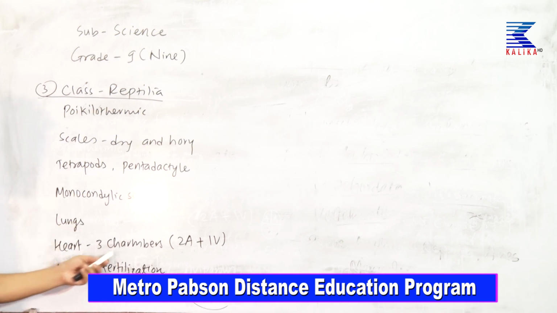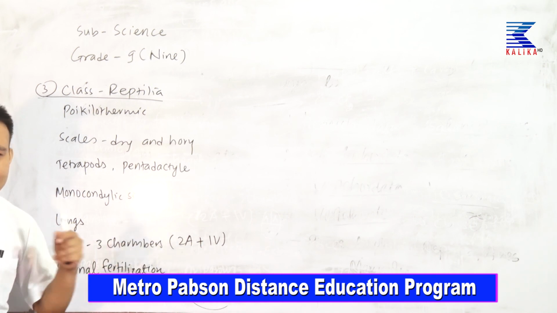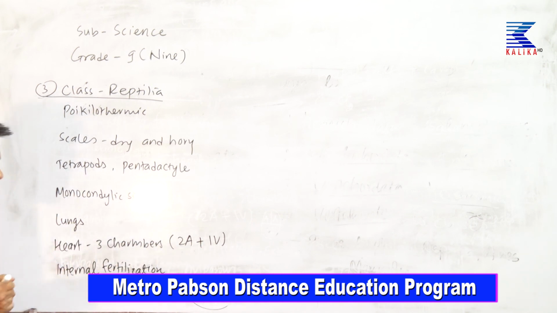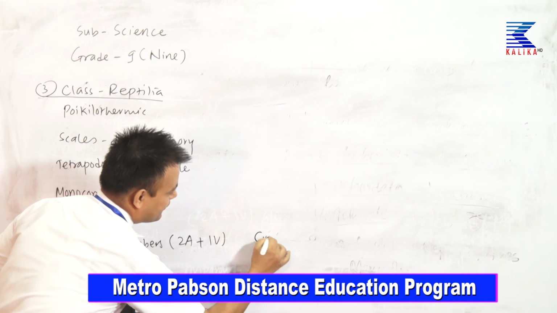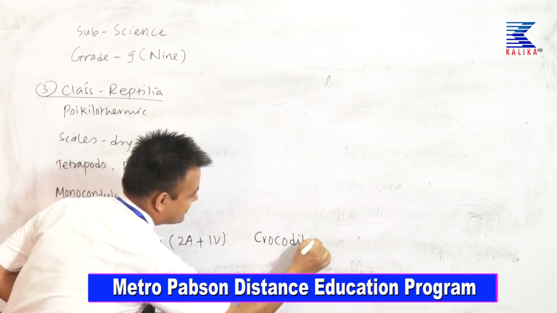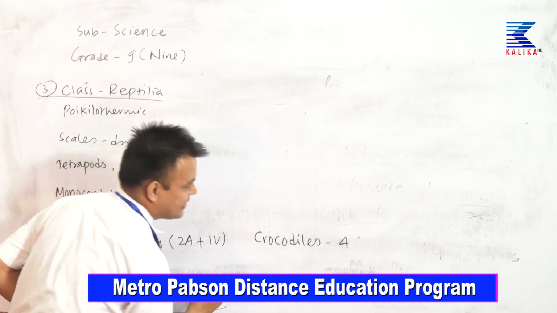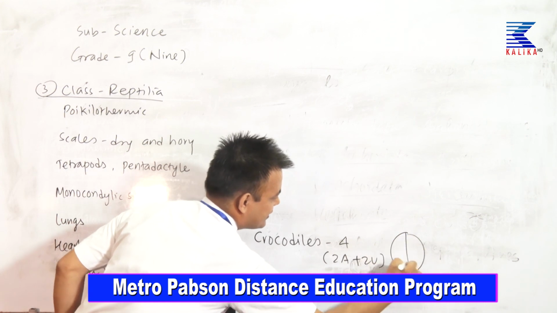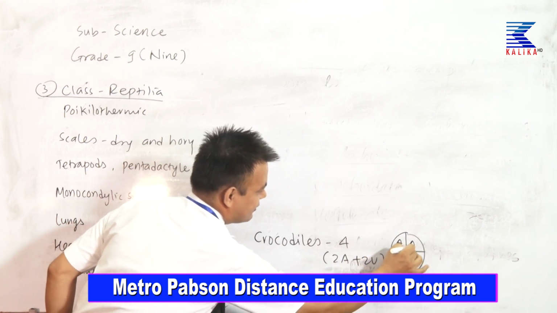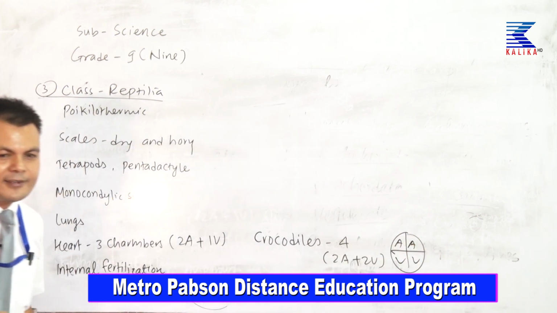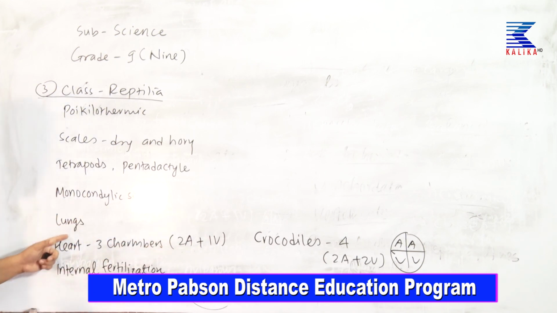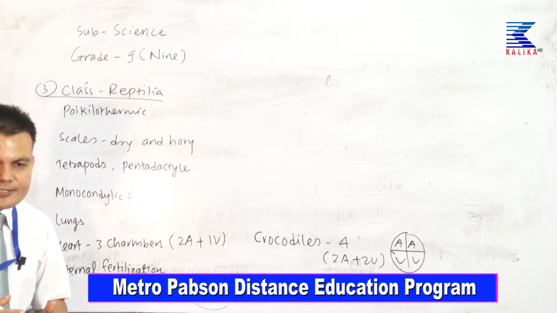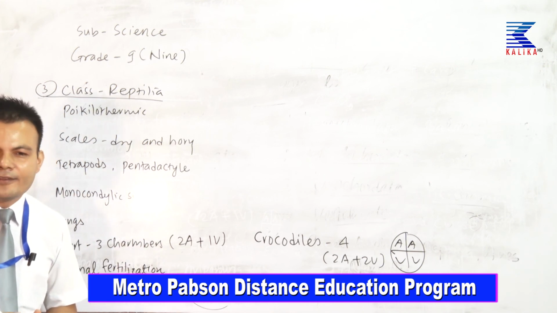The heart is 3-chambered, 2 auricles and 1 ventricle. But remember, exceptionally, crocodiles have got 4 chambers of the heart: 2 auricles and 2 ventricles. So all the reptiles have a heart with 3 chambers, but crocodiles have a heart of 4 chambers.